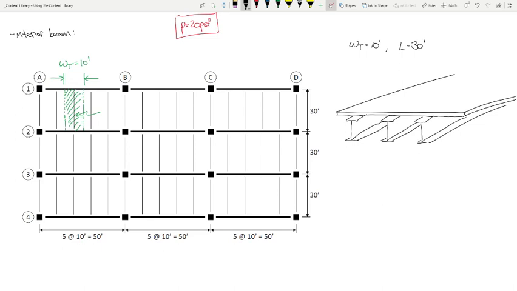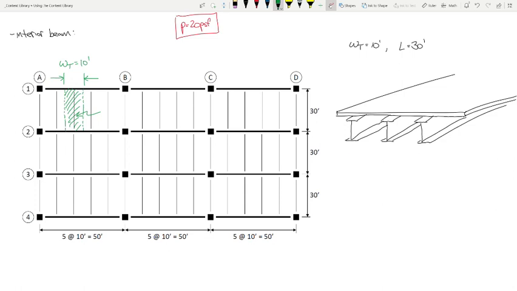So these are the floor beams in 3D. How'd I do? Pretty good. Did I do okay? Okay. I'm going to give you the professor look. All right. I love my job.